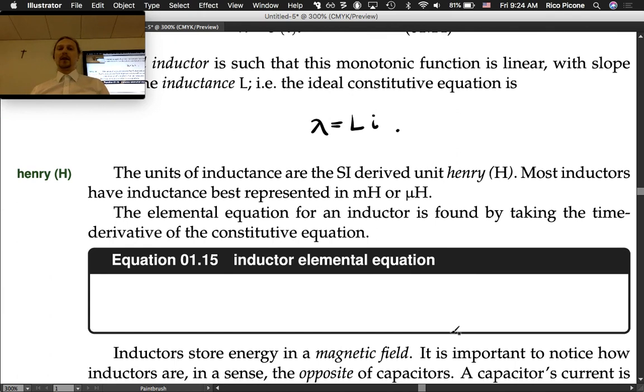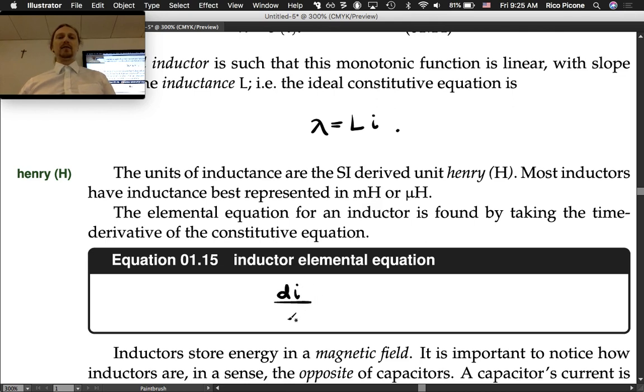The elemental equation for an inductor is found by taking the time derivative of the constitutive equation. So just like in the previous lecture on capacitors, we take the time derivative of the constitutive equation and we find ourselves with our elemental equation. Once again, I'm going to switch left and right here. So di/dt is the time derivative of this side, so I'm going to divide L over.